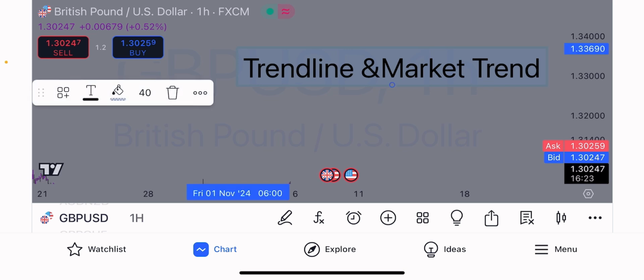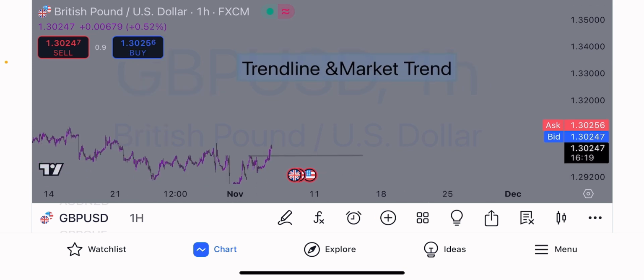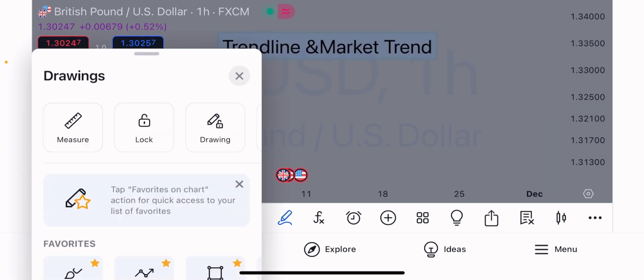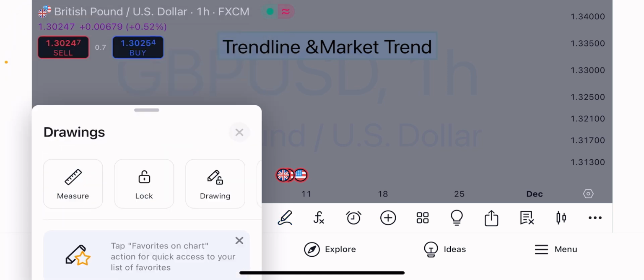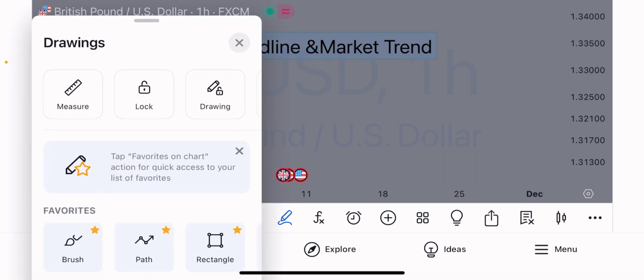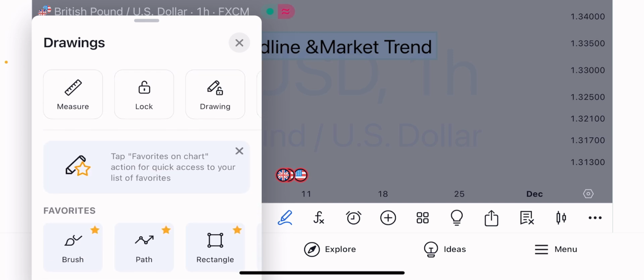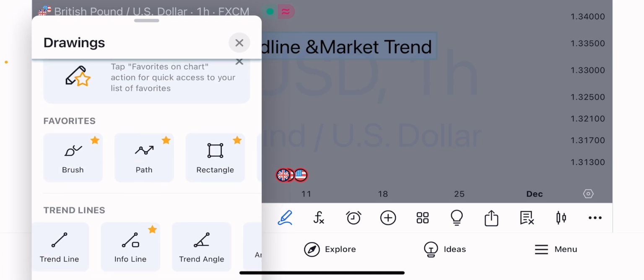Tonight's class we're going to be talking about the bullish trend and the bearish trend. Bullish market, bearish market, they are all still the same thing, right?